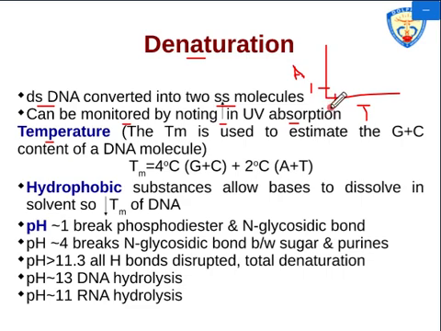Now you go to 40 degrees Celsius, 50, 60, 70, 80, 90. Suppose you are heating the sample, and after every 10 degrees Celsius, you again check the absorbance at 260 nanometers. What we find is that DNA remains very stable up to at least a temperature of 80 degrees Celsius.